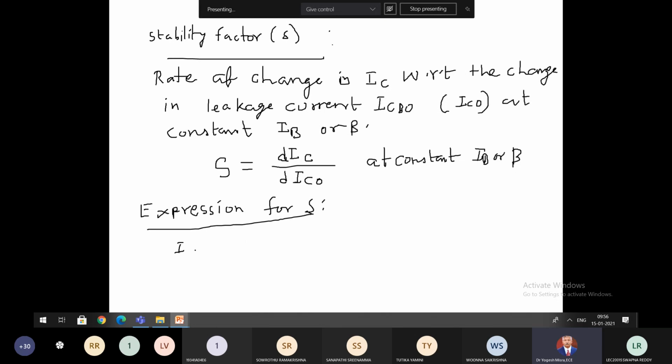So IC is equal to beta IB plus beta plus 1 ICO.